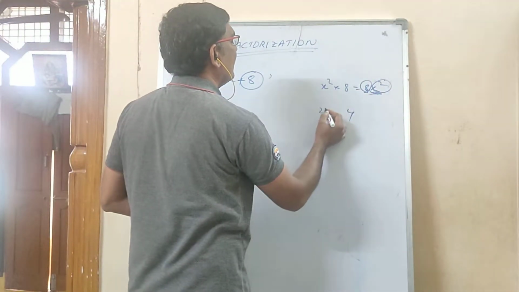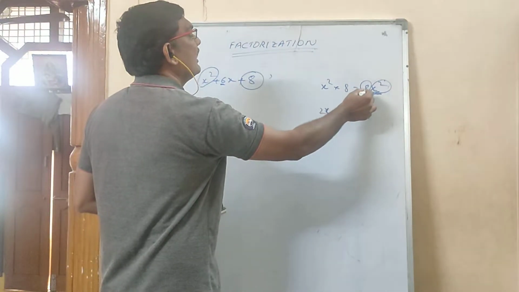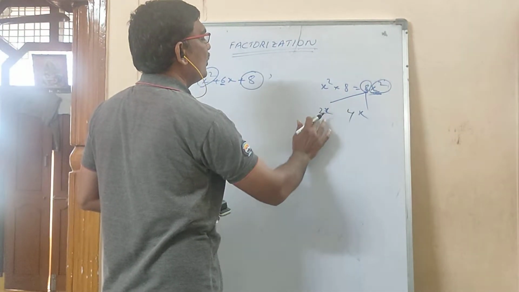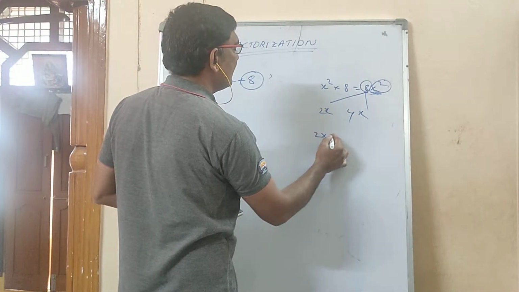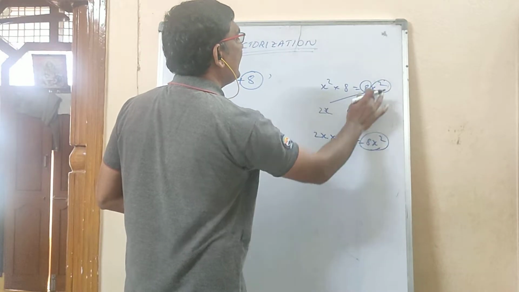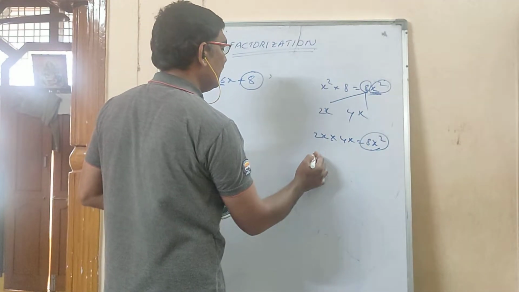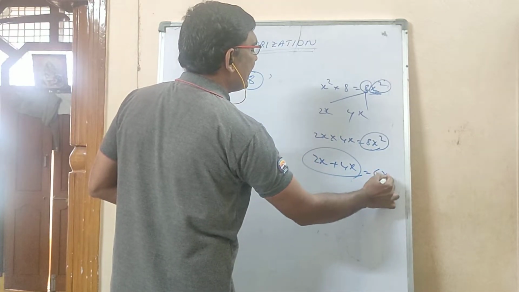Now what I am writing is 2, 4 here. 8x square is there. Write x and x here like this. So here 8x square, 2x and 4x. If you multiply these two, 2x into 4x, you are getting 8x square or not? Then if you add these two, you should get the middle term.